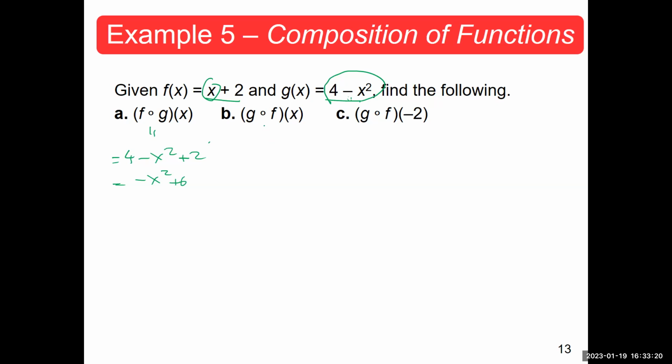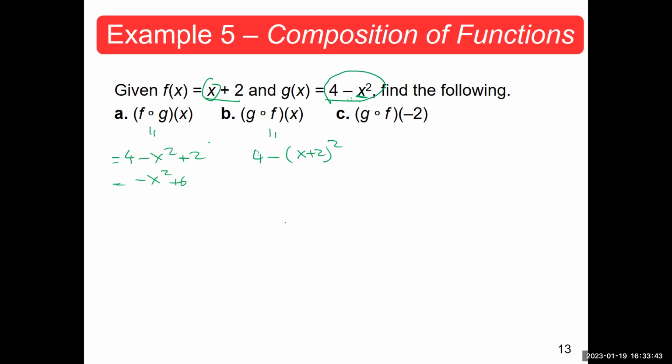This one, g of f of x. So what you're going to do is take x plus 2 inside the x squared: 4 minus x plus 2, squared. So we replace this x by x plus 2.